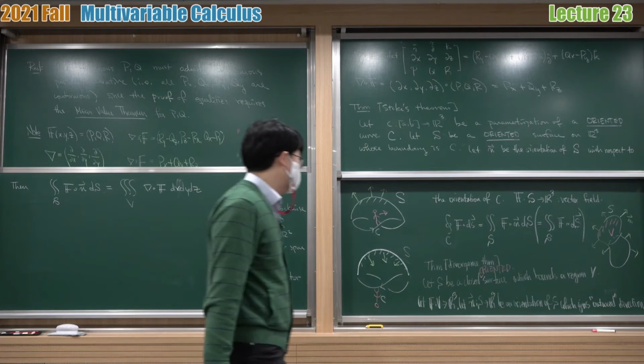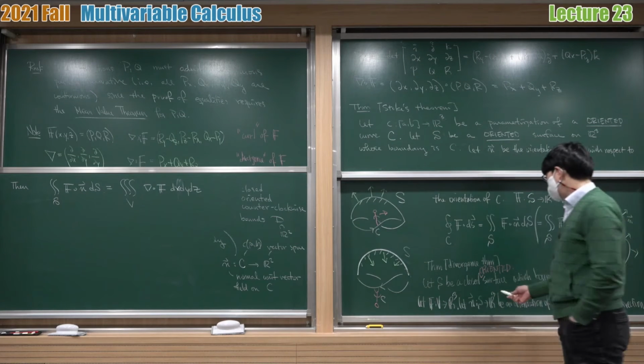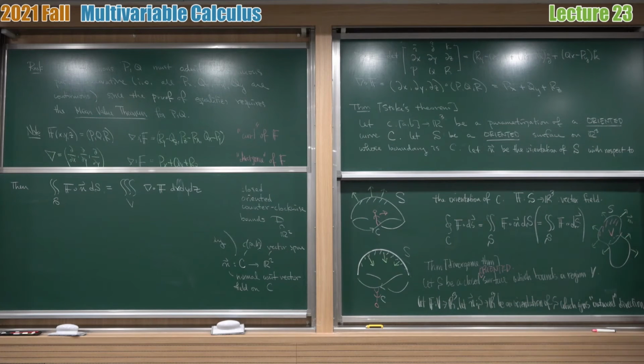Again, here I said that this orientation is an outward direction, but you can use the inward direction too. If I take the inward direction as my orientation of the surface, then what becomes my V? V, the region that S is bounding.